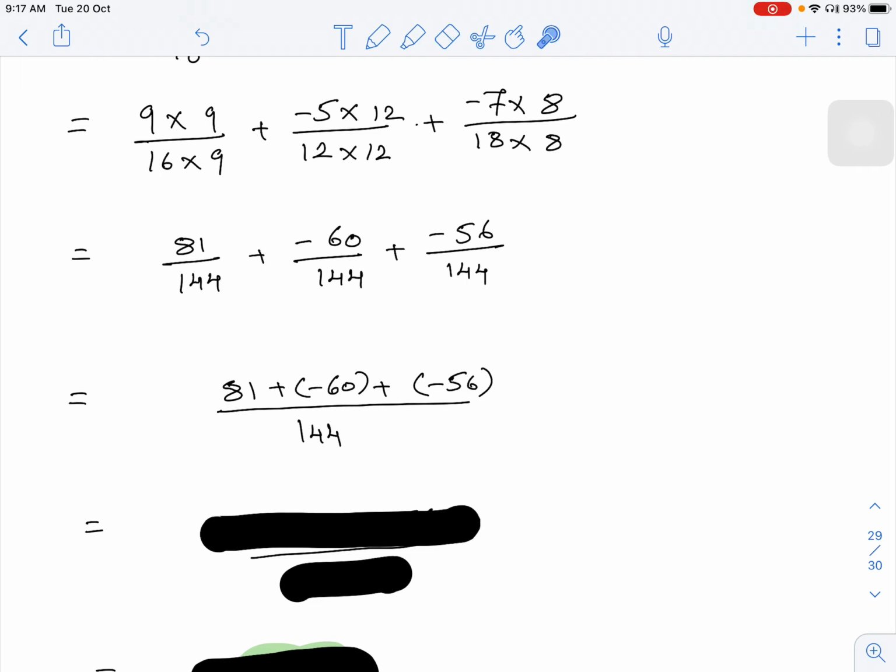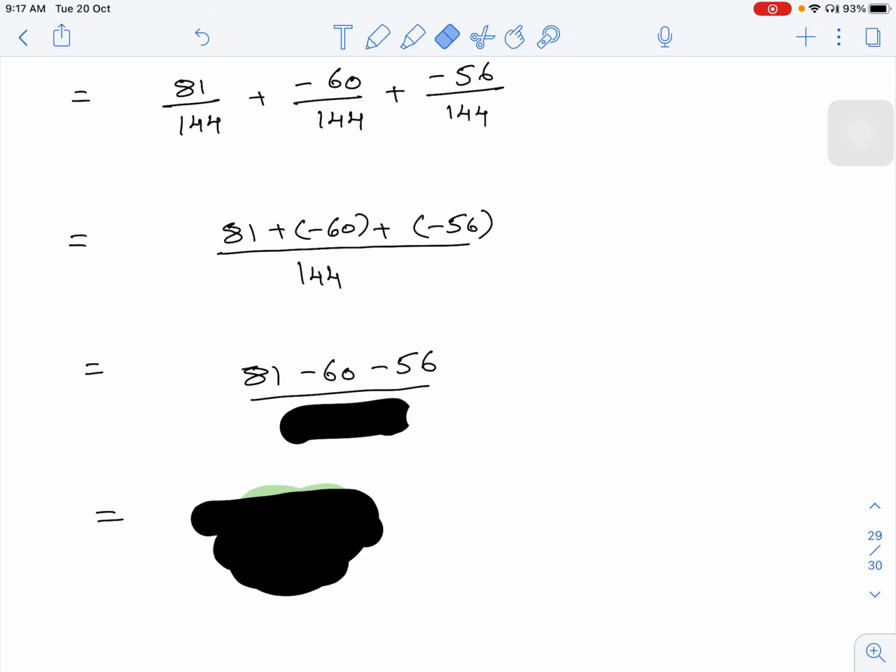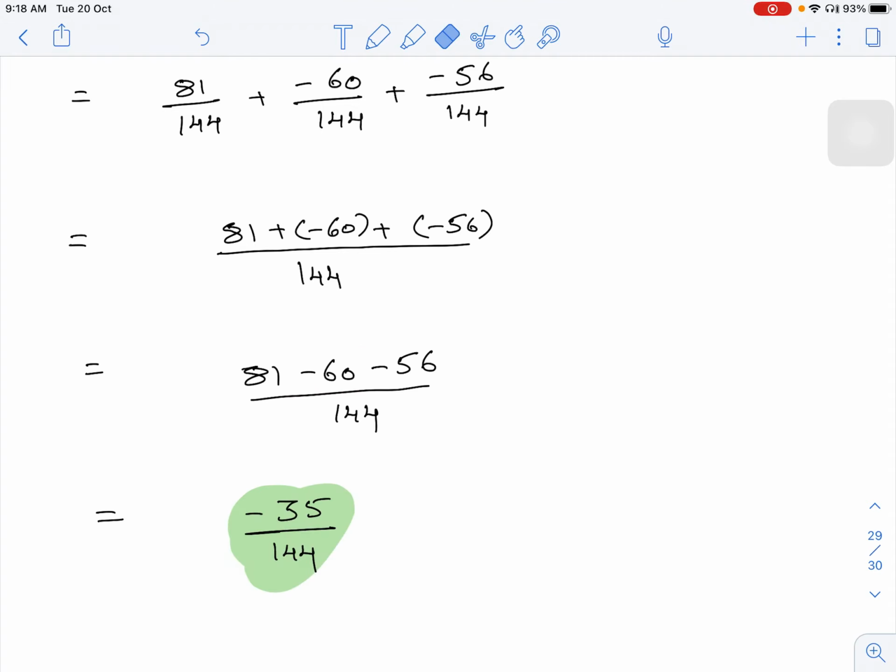Now let us open the brackets. This plus minus will become minus, so in the next step you will get 81 minus 60 minus 56 upon 144. If you subtract, 81 minus 60 minus 56, our final answer is minus 35 upon 144.